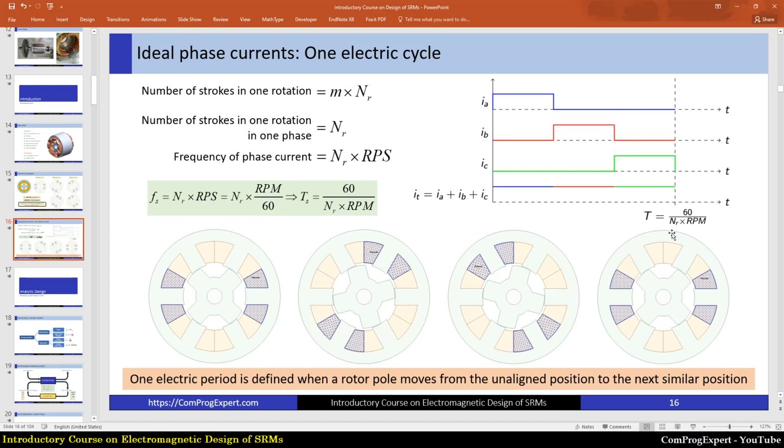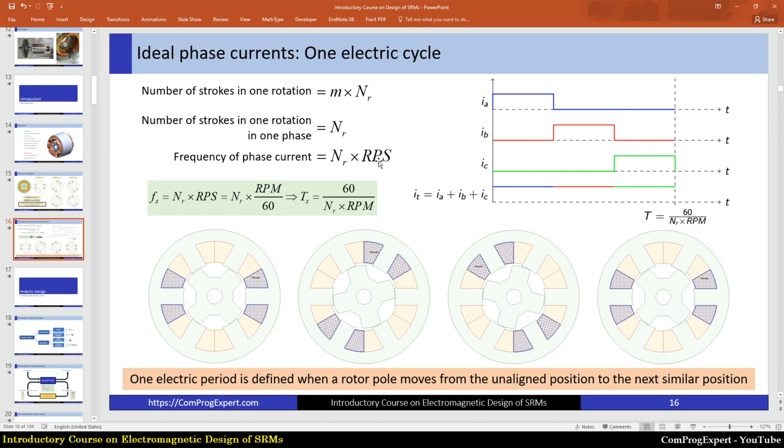This is an important equation, right? The electric period of the phase current depends on the rotor speed and number of rotor poles. When we increase NR, the frequency of phase current increases. And when we increase the speed, the frequency of phase current increases.